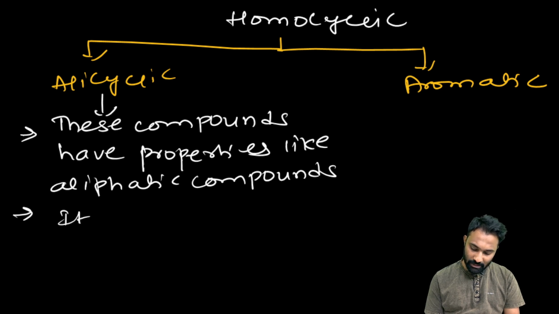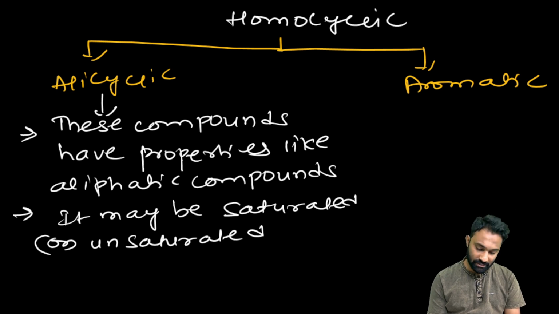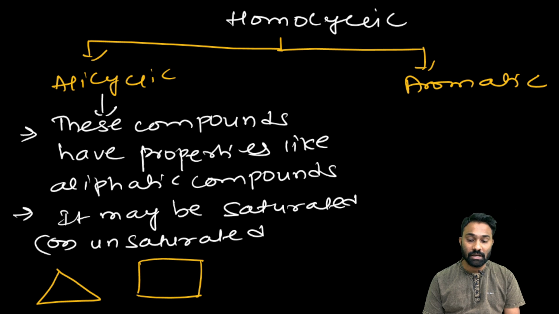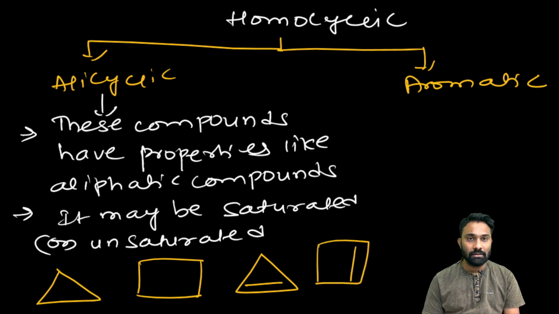This alicyclic may be saturated or unsaturated. Examples are cyclopropane. Clear? Then this is cyclobutane. The same thing, cycloalkene, cyclobutene. Clear? Done?